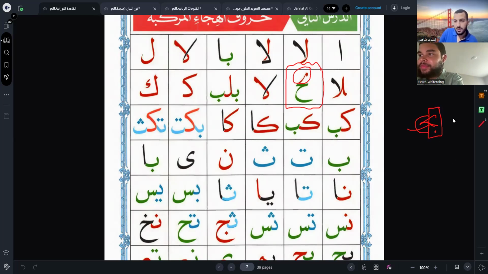Okay, the same thing if we have this shape too. We also mentioned it last time. So we have two letters. The top one comes first, which is the noon, then the next one, which is jim. So that was great.